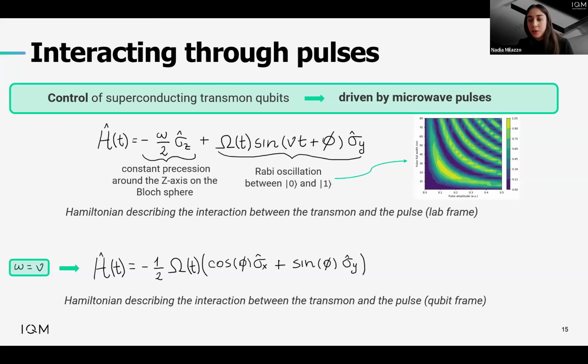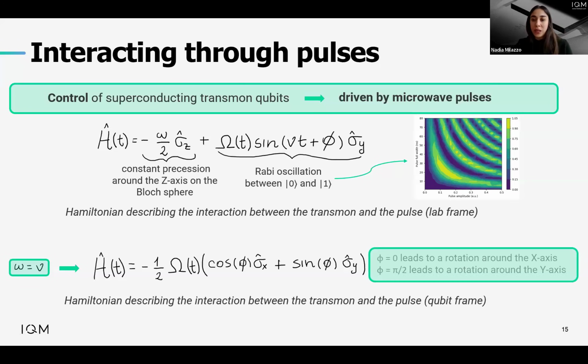And in particular, we can see that we can drive X and Y rotations quite easily if we play around with this phi angle here. So phi, if I set it to 0, the term with a y will disappear, and this will give me a rotation around the x-axis.